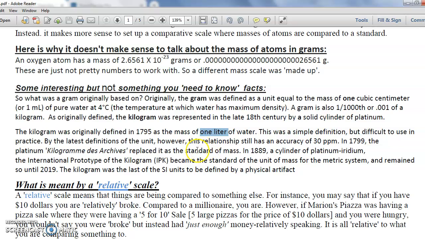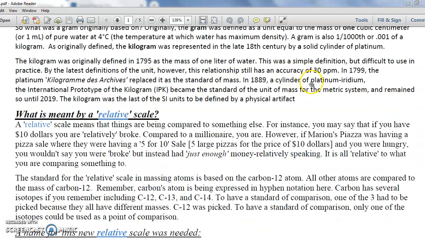In 1799, Kilogramme des Archives, I don't even know how to say that. I think it's French. They actually had a standard, a cylinder of platinum and iridium in 1889. So with this cylinder of platinum and iridium, it became the standard of what a kilogram was being compared to.